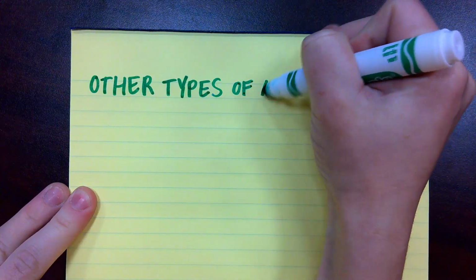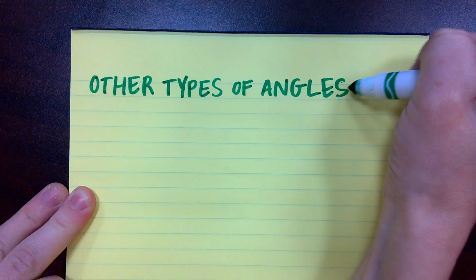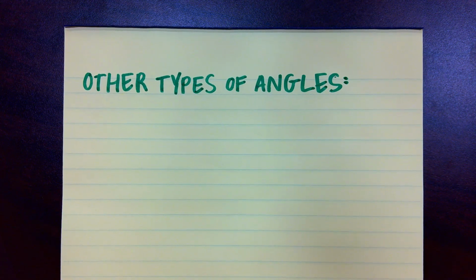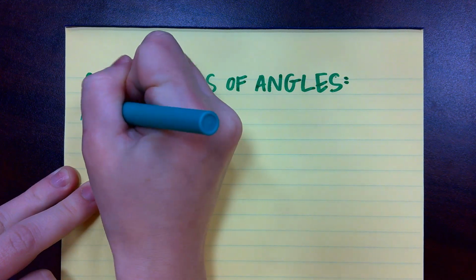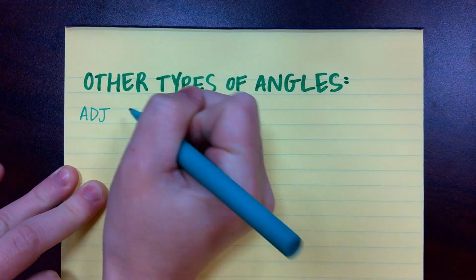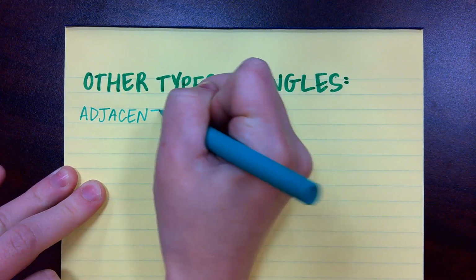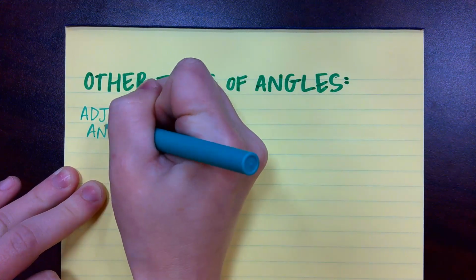Okay, so other types of angles. The first thing that we are going to write is adjacent angles. That is A, D, J, A, C, E, N, T. Adjacent angles.